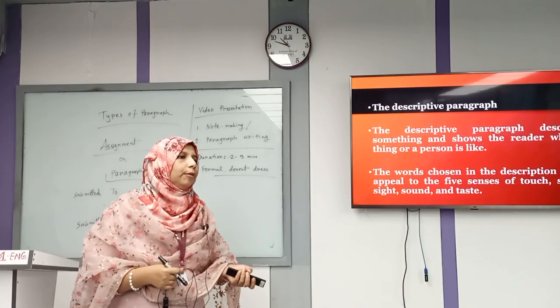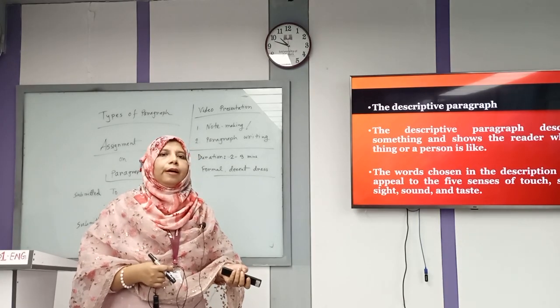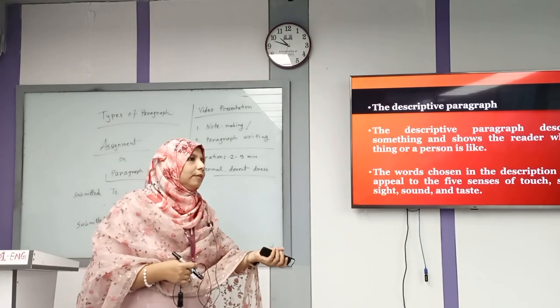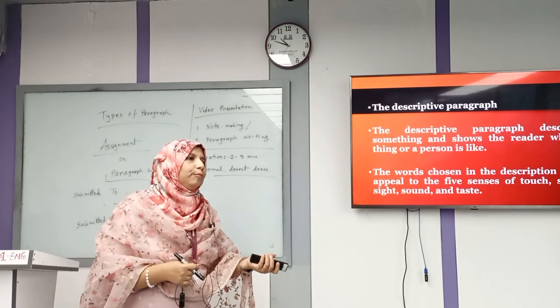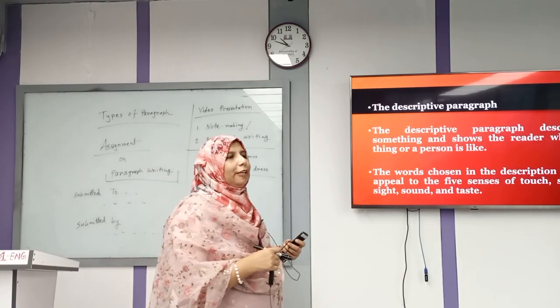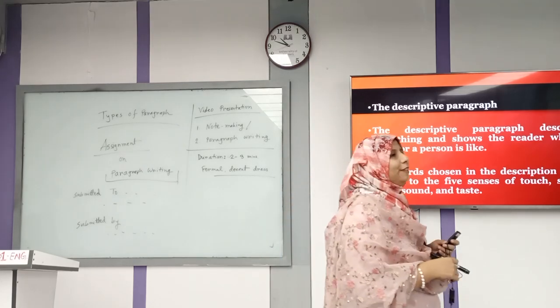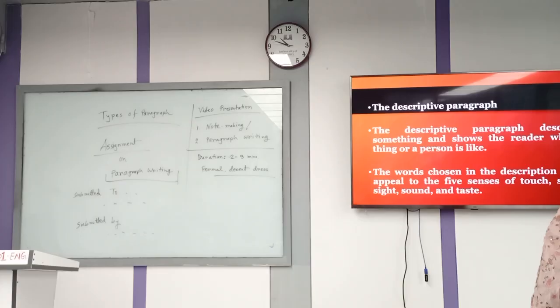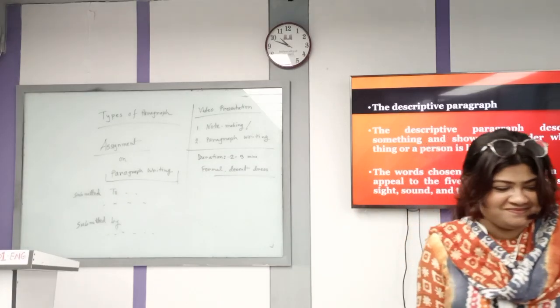Or you have been asked to write about a place. About a place, that means a historical place. Have you been to any historical place in Bangladesh or any other country? Lalbagh Killa, right?